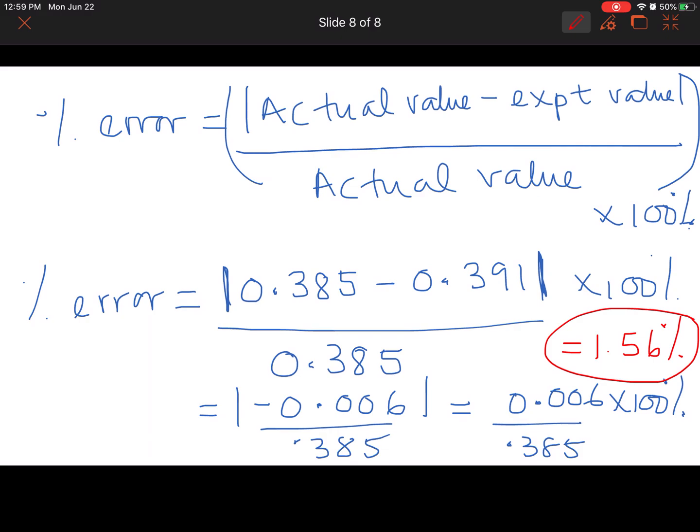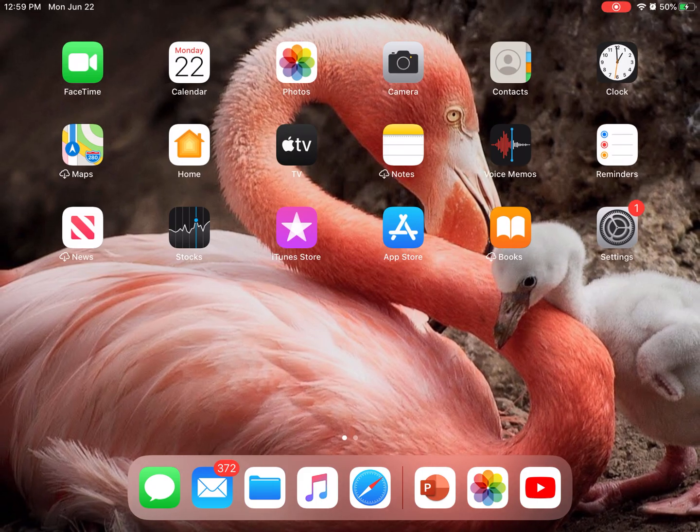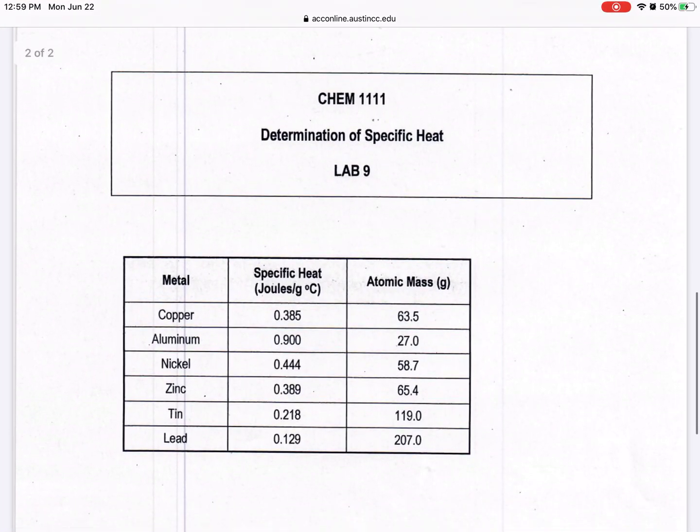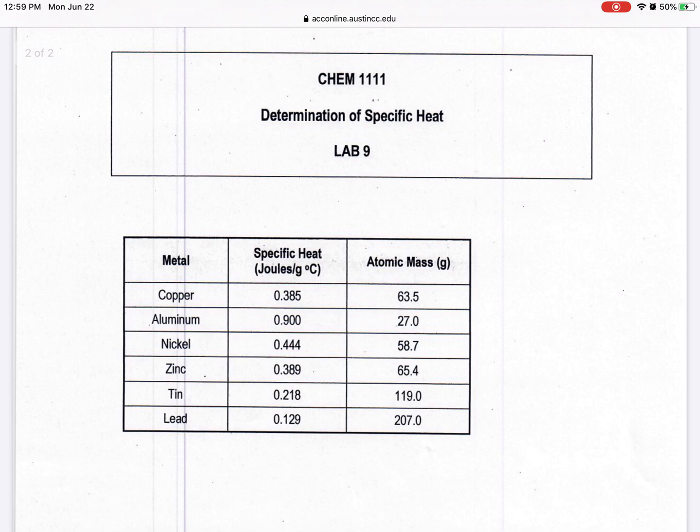Meaning, if you have two metal samples, one with a higher specific heat and one with a lower specific heat, the one with the higher specific heat can withhold more heat, and it would not heat up quickly. For example, here we have copper 0.385, aluminum 0.9, nickel 0.4, zinc 0.389, tin 0.218, lead 0.129.